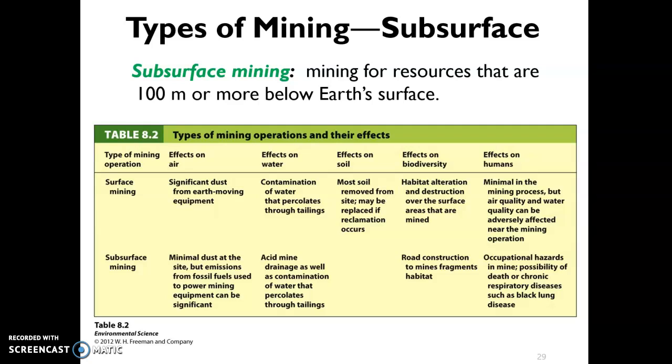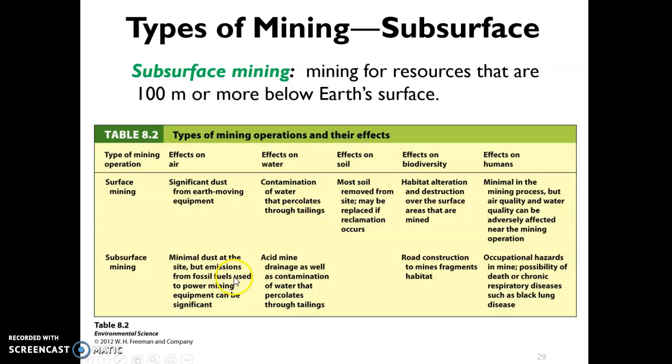And so a miner would enter the shaft and be lowered, dig out a seam of coal, and then go lower and dig out the next seam of coal, and then be lowered again and do the next seam of coal, etc.